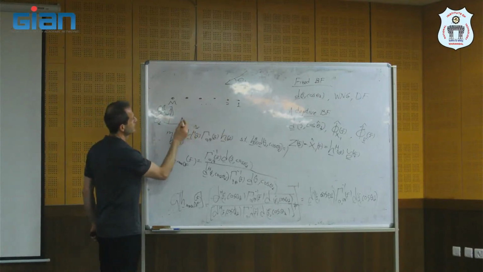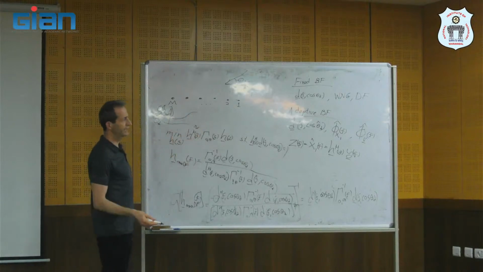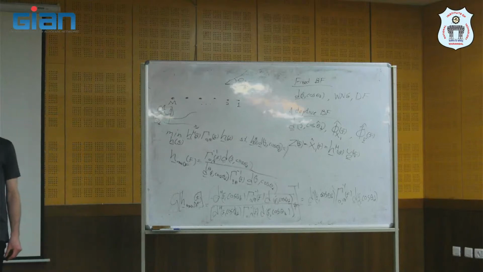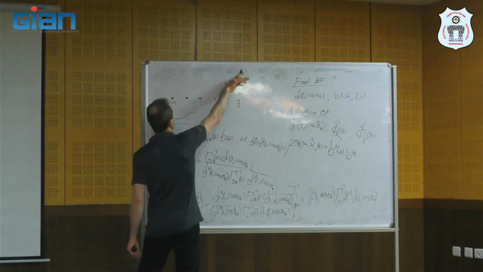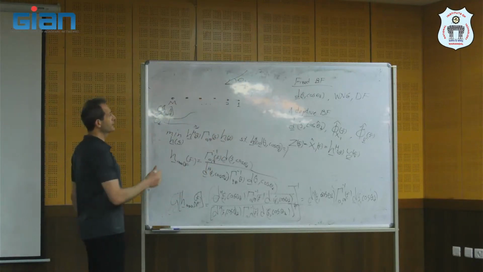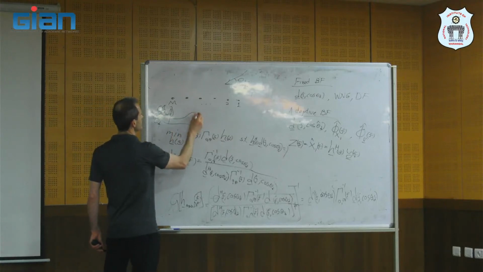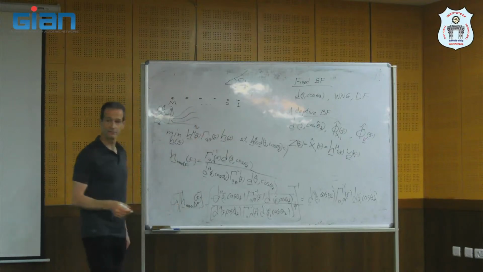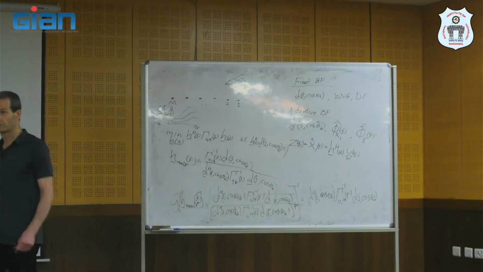Assume that the directivity goes up like this. But this is for a certain theta d. Assume that the desired source comes from this direction. And maybe for a different theta d, we will get something like this. For a different theta d, we'll get something like this, maybe. I don't know.